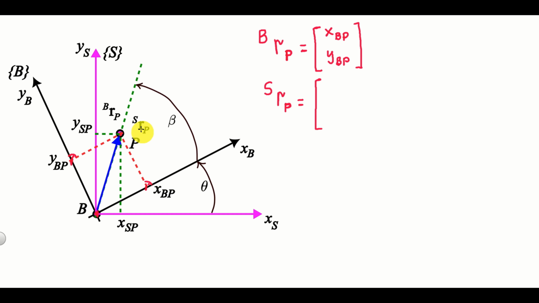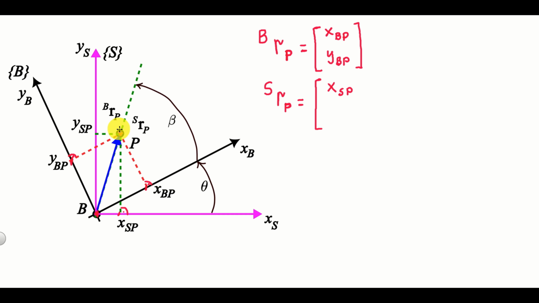What we need to do is to find the projections of this vector onto the horizontal and vertical axes of the frame S. And obviously, again, we draw a straight line that creates an angle of 90 degrees with the axis XS, and the distance from here to here is the projection, and we denote it like this, XSP.